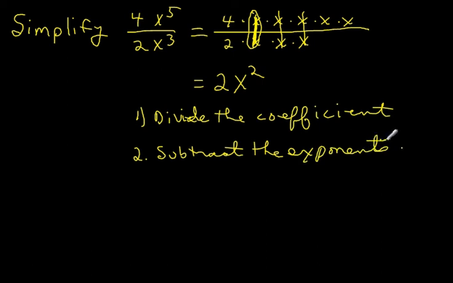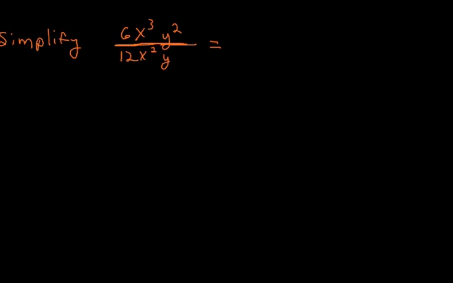Now, let's look at a problem where we can use these rules instead of going through that procedure. If I want to simplify 6x to the third y squared over 12x squared y, first thing I'm going to do is simplify the fraction part of that.